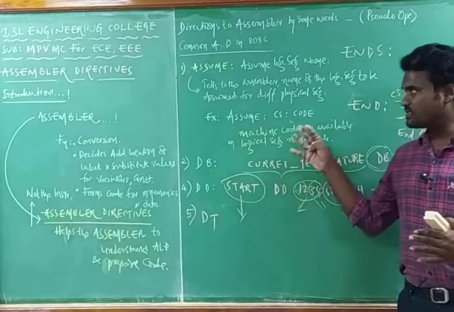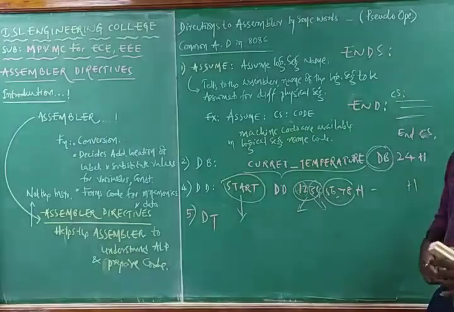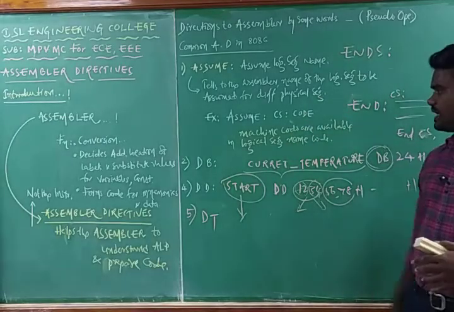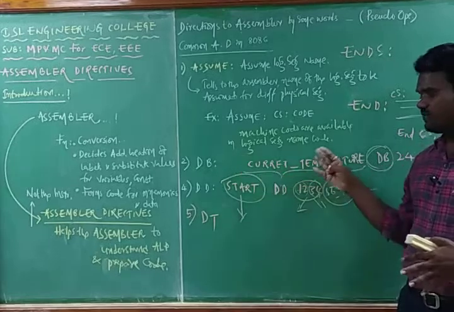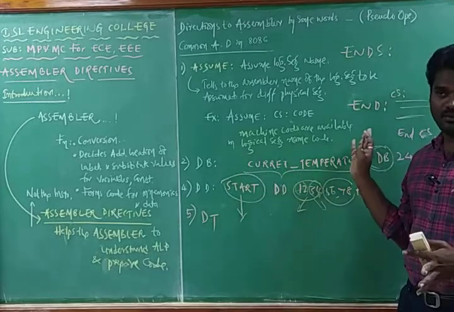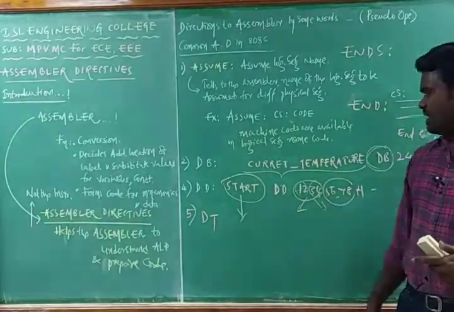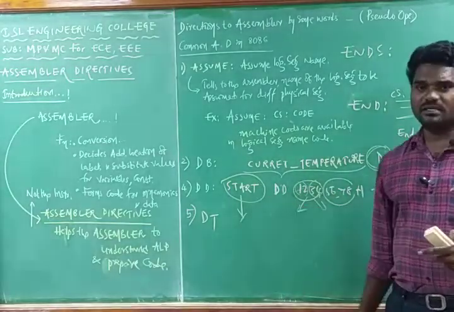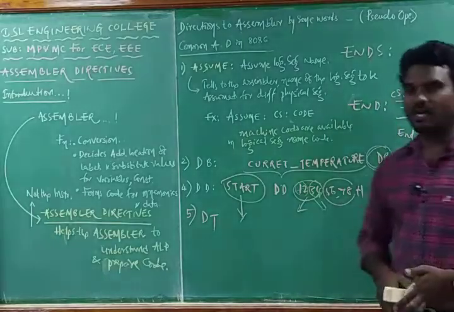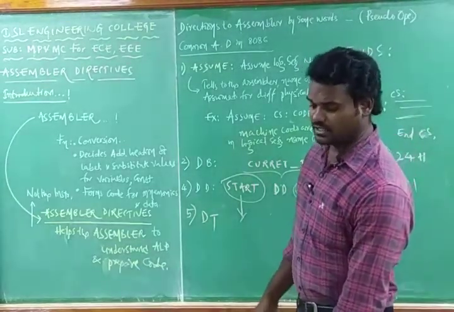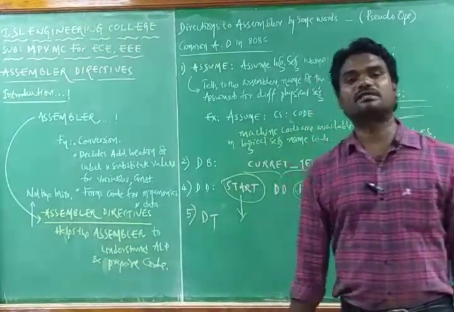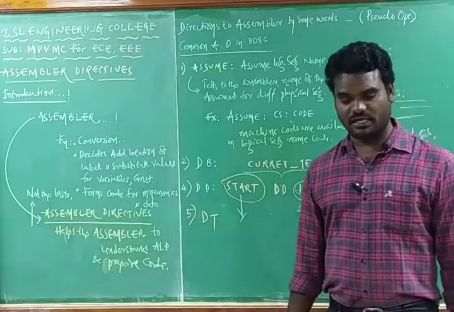We have discussed 9 assembler directives: first assume, then define byte, define quad word, define double word, define ten bytes, and so on. The remaining assembler directives we are going to cover in the next class.